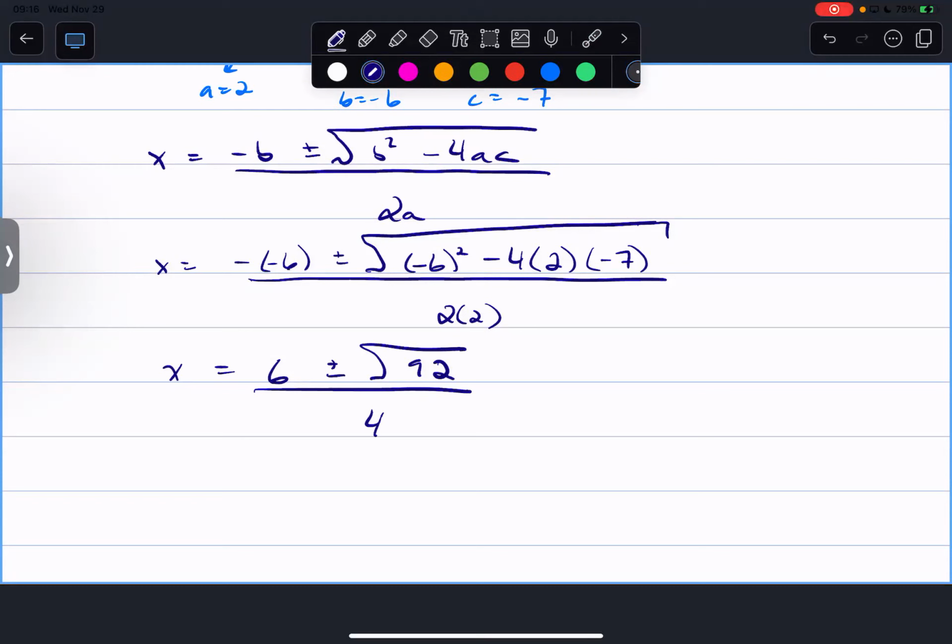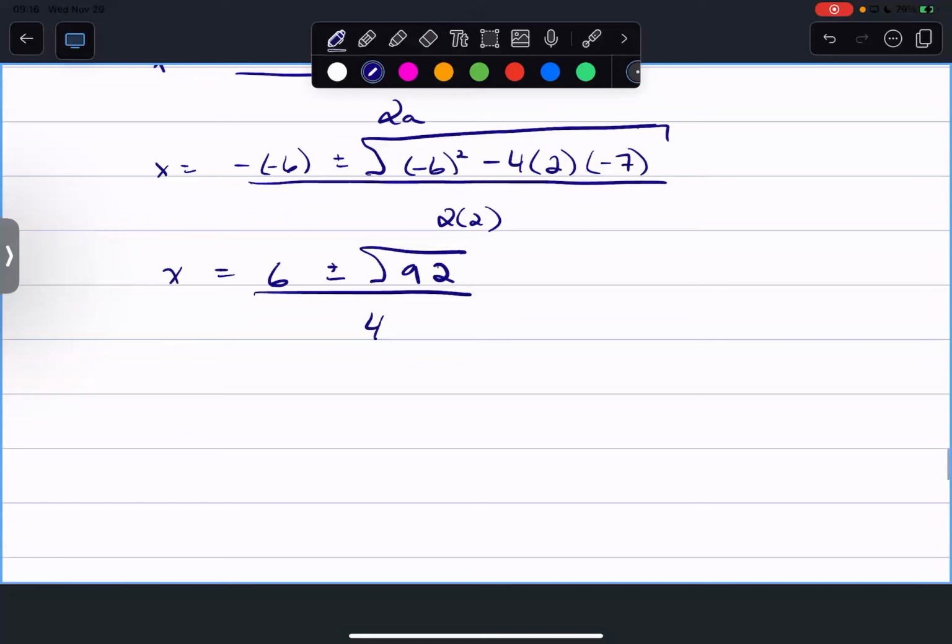Nice. So now, using your calculator, of course, x is 6 plus the root of 92 divided by 4, and 6 minus the root of 92 divided by 4.